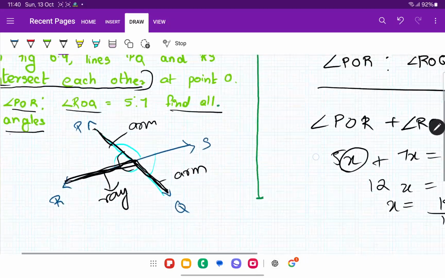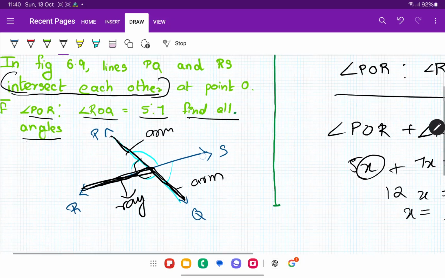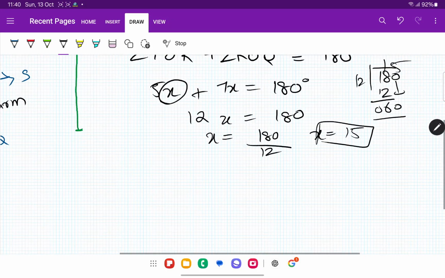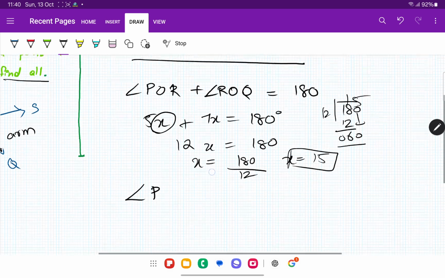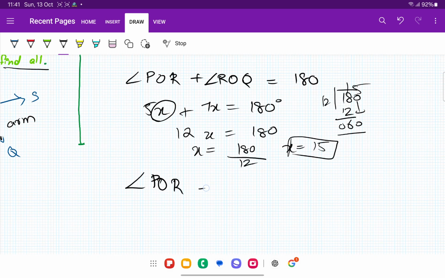So with the help of this, for the ratio 5:7, angle POR is equal to 5 into 15, which is 75.